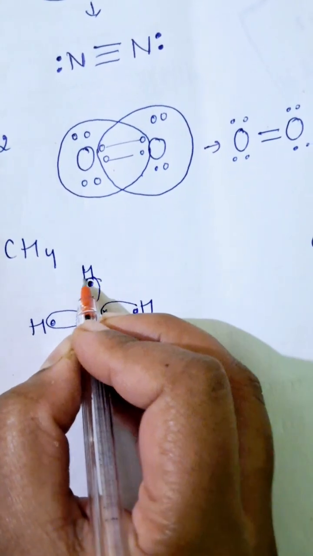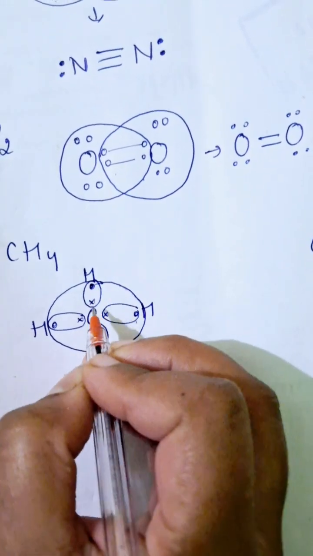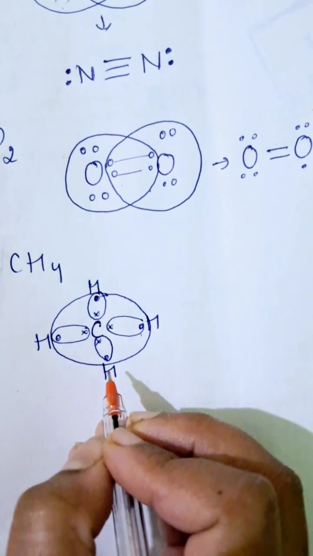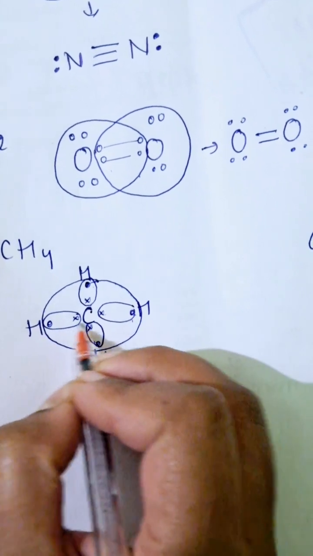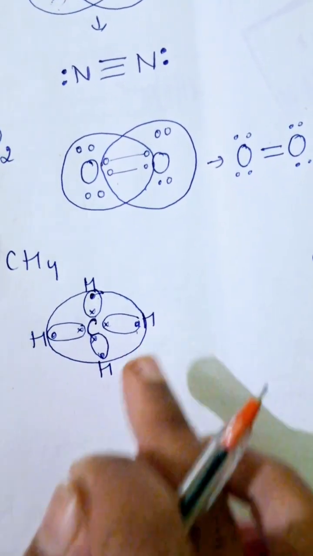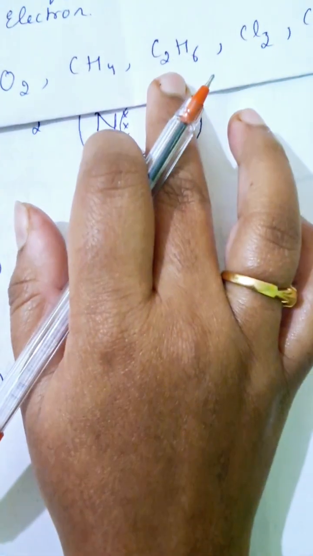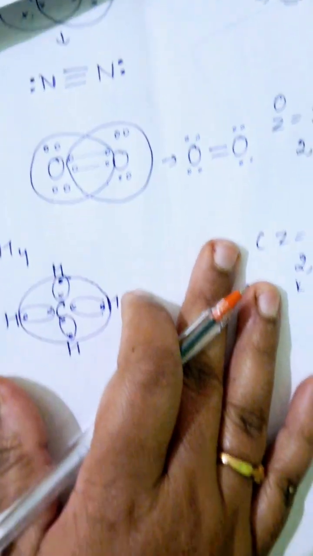The bonding in carbon should be represented with a complete circle like this, indicating it has altogether 8 electrons: 1, 2, 3, 4, 5, 6, 7, 8. So carbon is satisfied with the octet rule and hydrogen with the duplet rule. Is that clear? Now let's take one more example, C2H6.